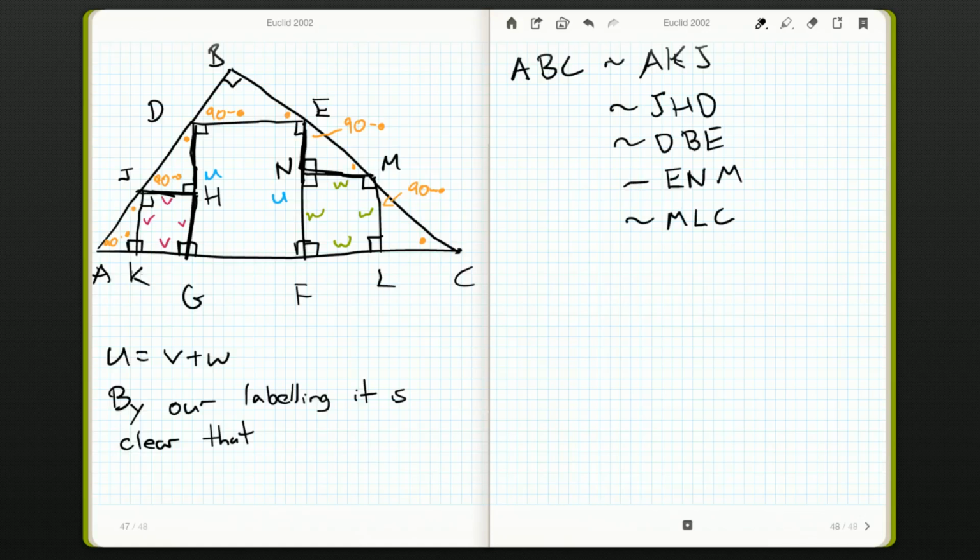We have a bigger triangle in here, AGD, and it's also a right angle, and it's got the 90 and the dot.